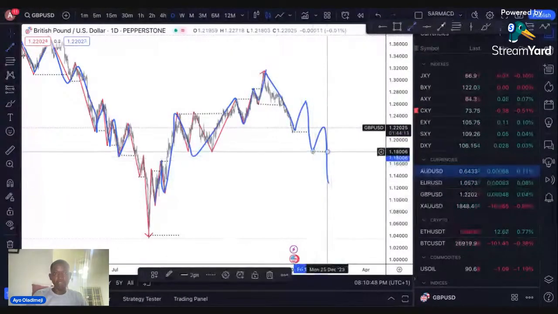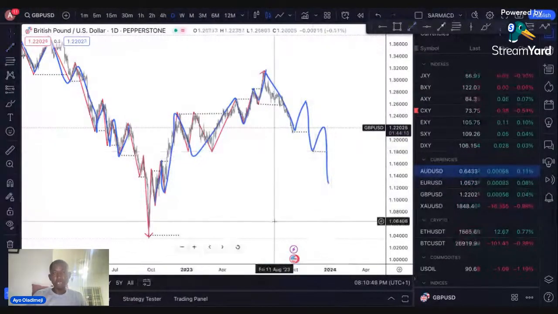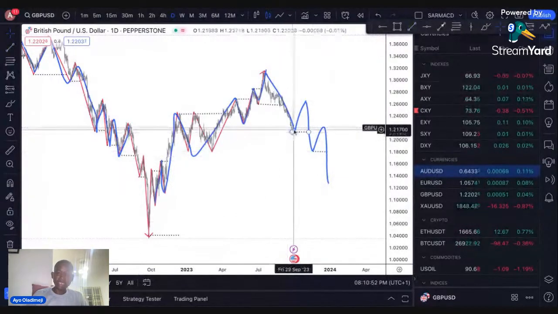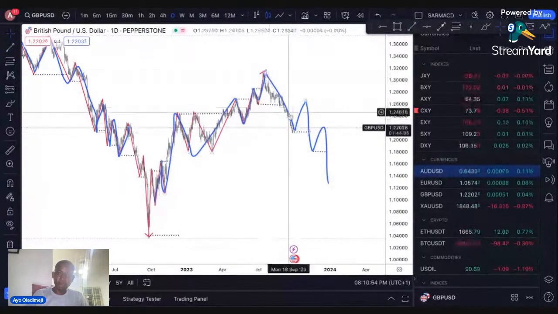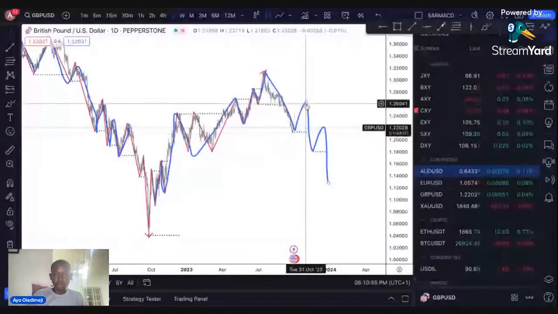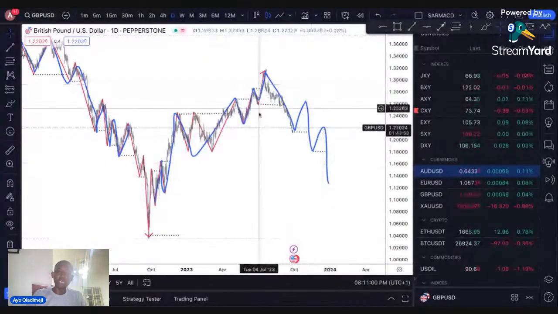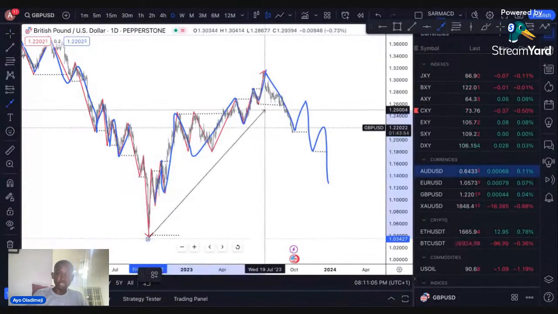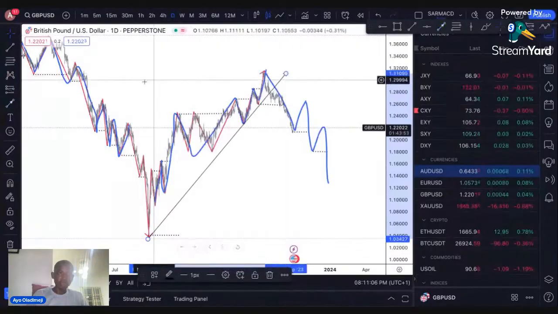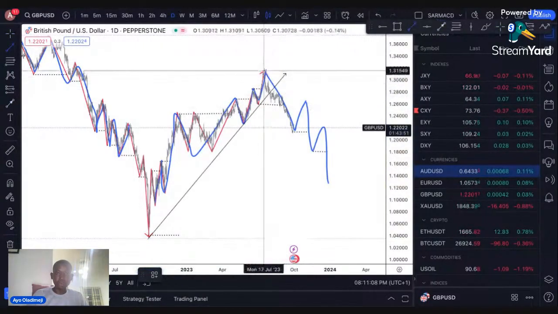We expect a correction of this impulse, then impulse, a correction, then impulse. Then we know that this uptrend has been exhausted, and it means you are going to start a new downtrend.